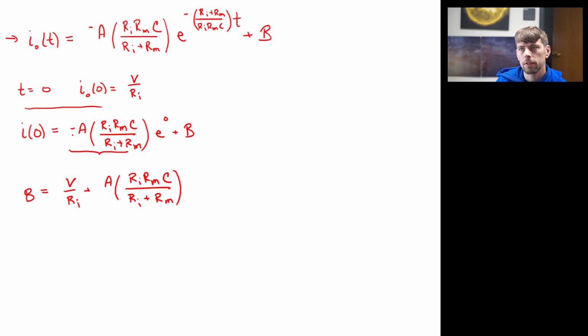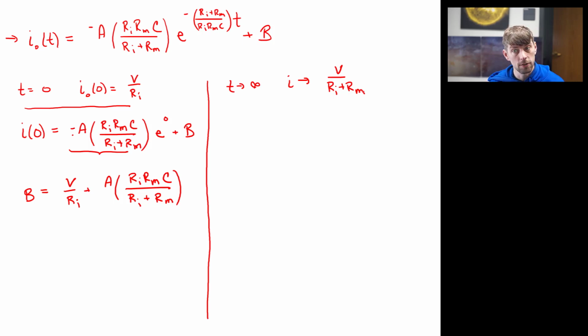So now I have to go to the other condition that we had. And the other condition is, as time goes to infinity, the current approaches V over Ri plus Rm. In other words, the capacitor starts acting like a break. And so what we get is V over Ri plus Rm, right? That's the current as a function of time. Now you can imagine if I plug in a large value for t, that first term goes away, right? It disappears, goes to 0.